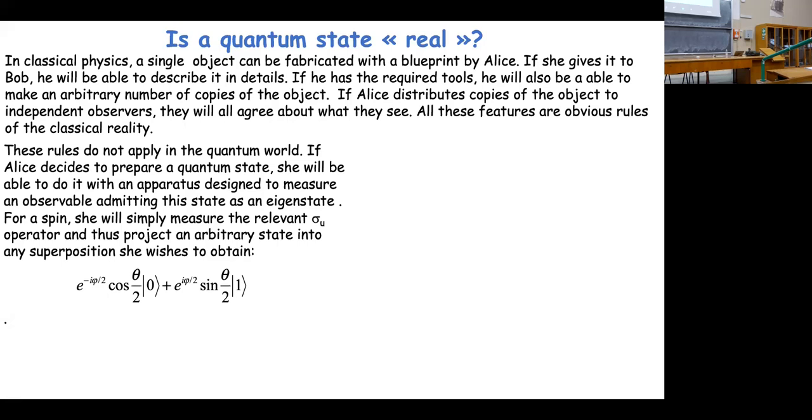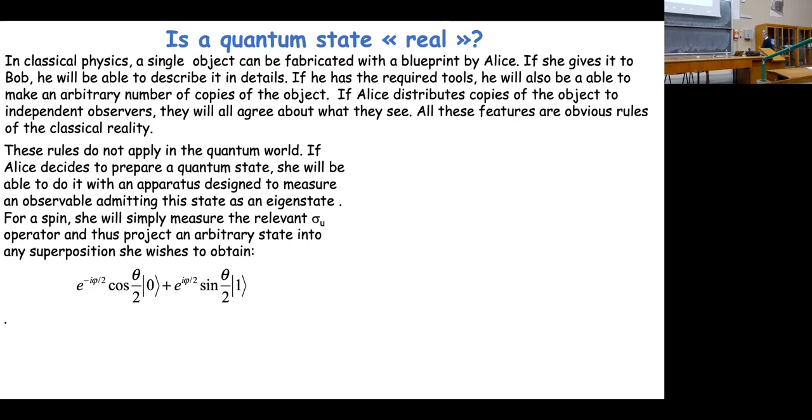But once he has done that, he has destroyed the state, because he will not be able to measure any component in any other direction because of the non-commutation of sigma x, sigma y, and sigma z. So there is no way, if you give to anyone a quantum state, for this person to be able to recognize which quantum state it has.